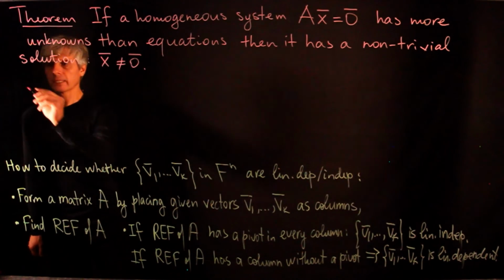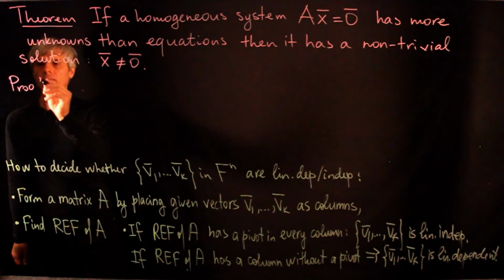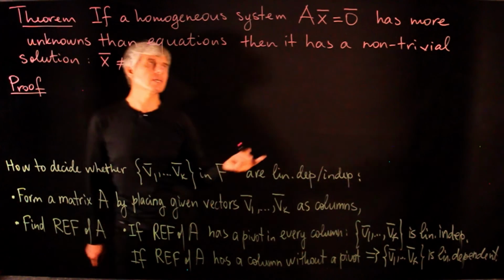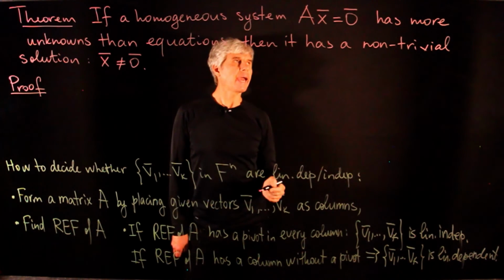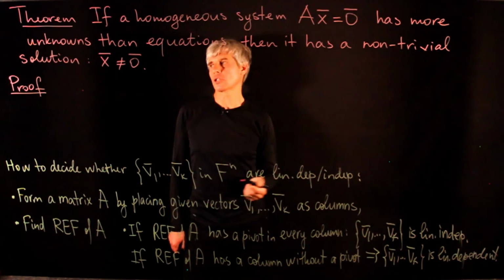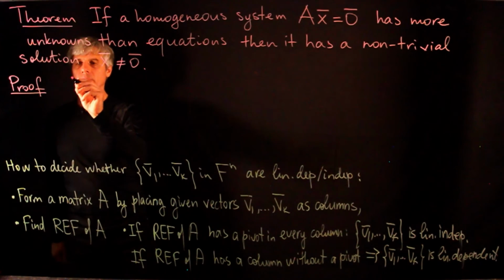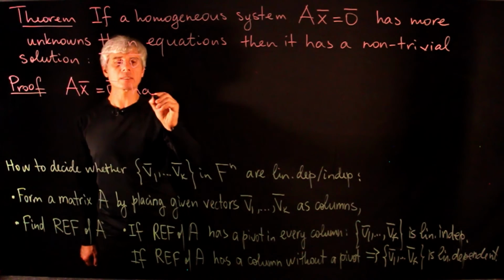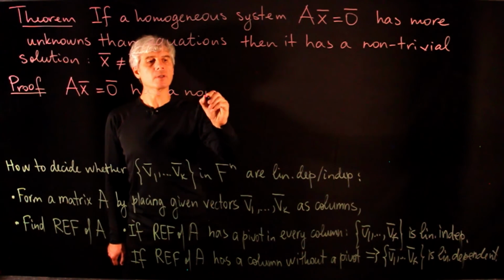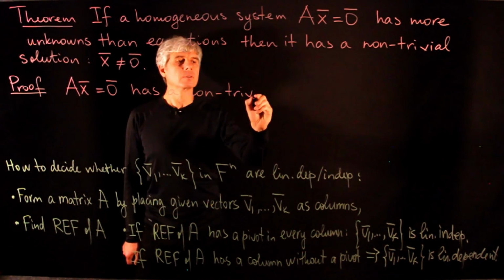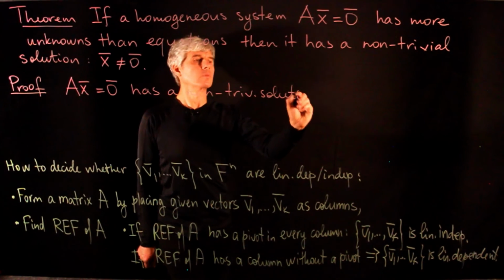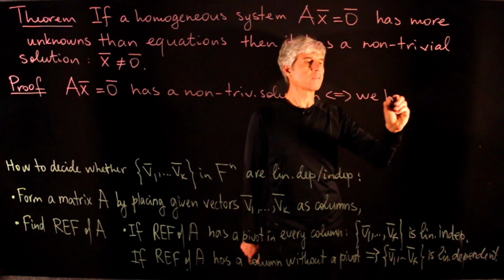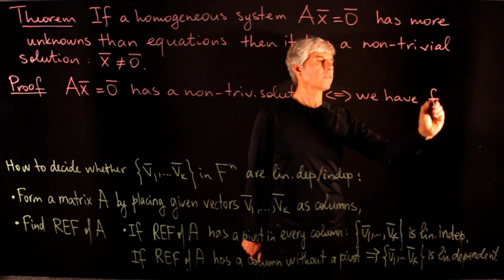Right. So let's give the proof of this. When does such a system have a non-trivial solution? We can say that Ax equals 0 has a non-trivial solution if and only if we have free variables.